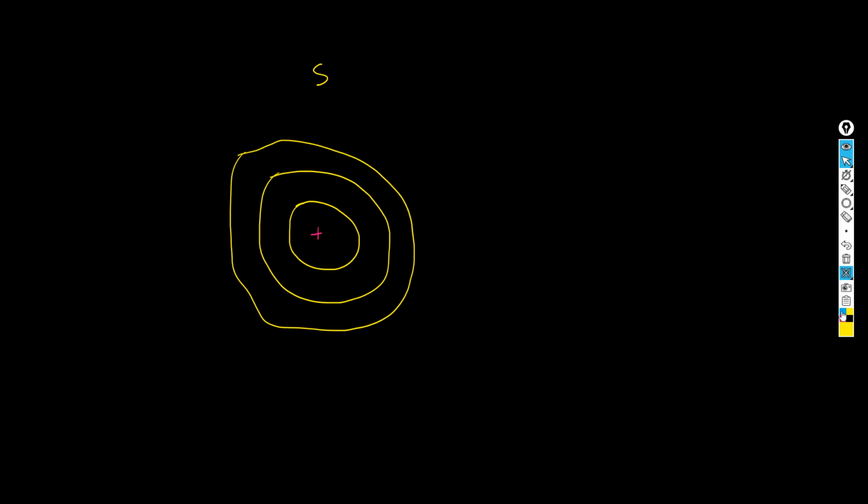We're going to have 2 in the first energy level. 1, 2. 8 in the second. 3, 4, 5, 6, 7, 8, 9, 10. And then we're going to have 6 electrons in the third energy level. 1, 2, 3, 4, 5, 6.